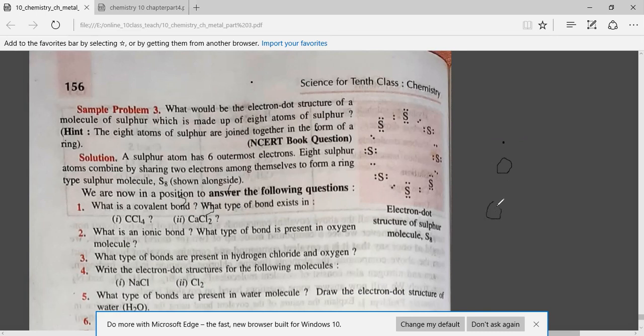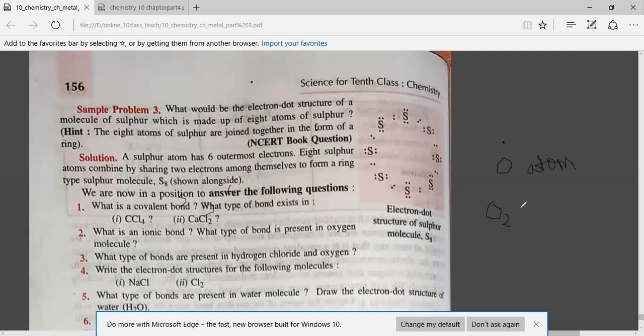So O2 is the molecule. When two or more atoms combine, the resulting species is called the compound or the molecule. This is not the compound; this is the molecule.